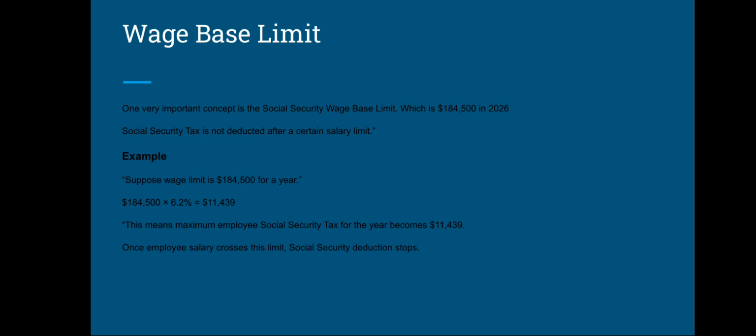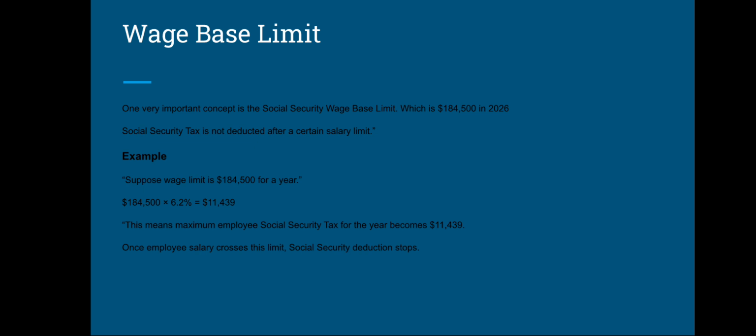If your salary is 20,000 per month, and you have joined the company in January 2026, then at the end of the year your total salary will be 240,000, which is the sum of 20,000 into 12 months.